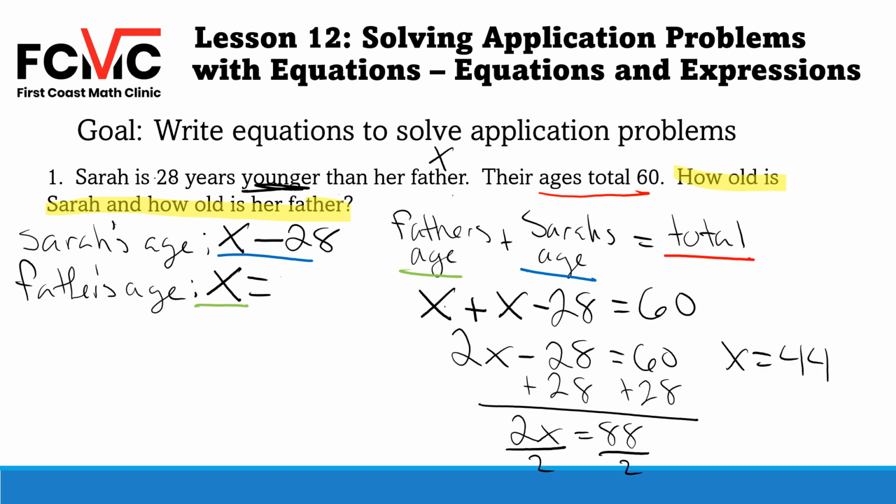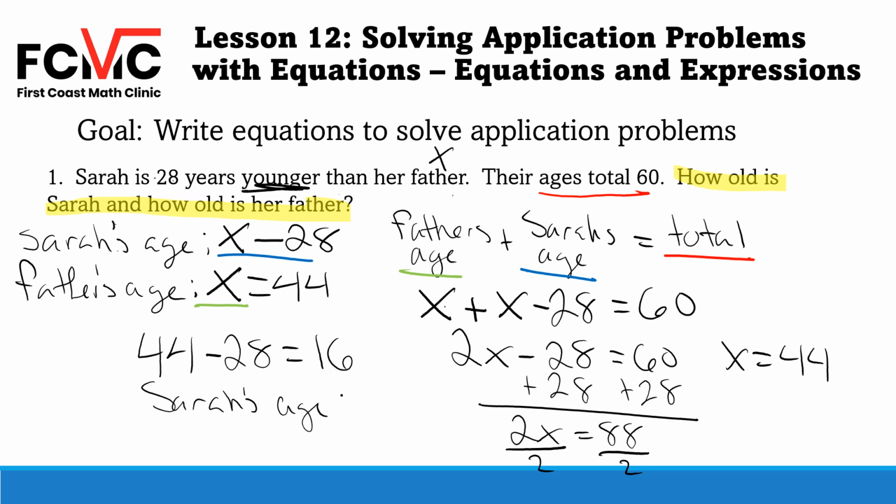So the father's age is 44, and for Sarah's age, we can do 44 minus 28, and that's going to give us 16. So Sarah's age is 16, and her father's age is 44.